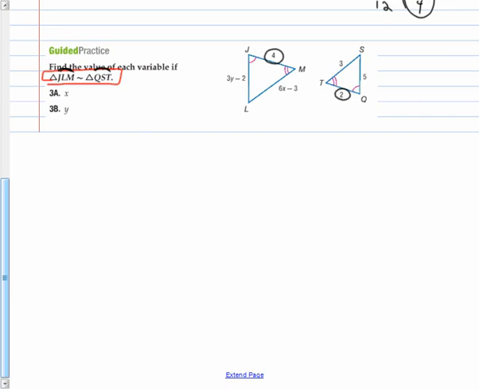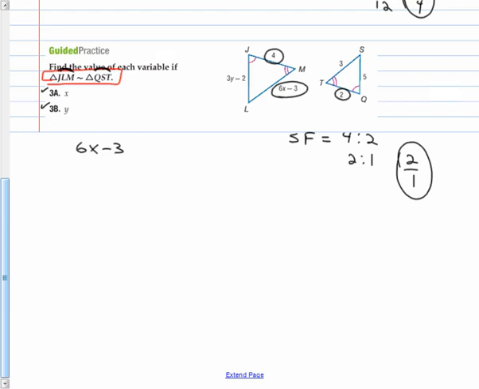I am actually going to start by getting the scale factor, 4 to 2, which reduces to 2 to 1, which can be written as the fraction 2 over 1. I am going to use the scale factor to help me get what x is and what y is. So if I want to get my x, well, here's x. 6x minus 3.